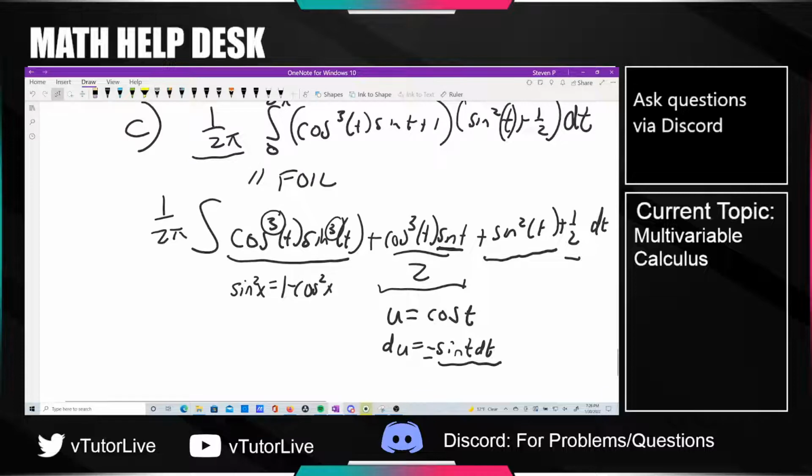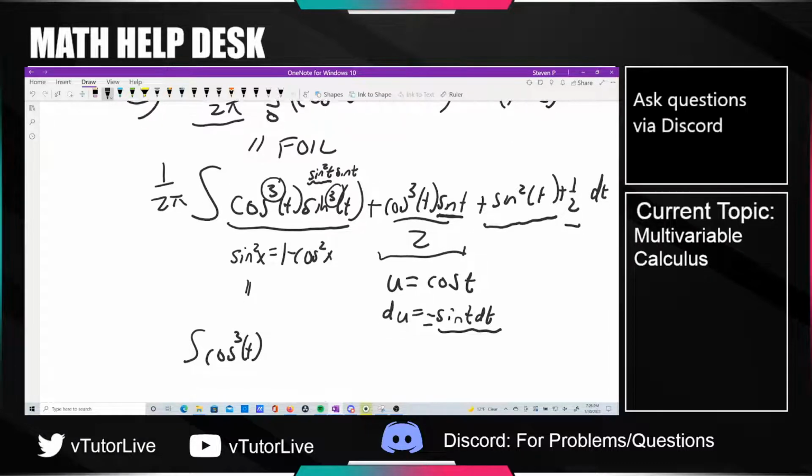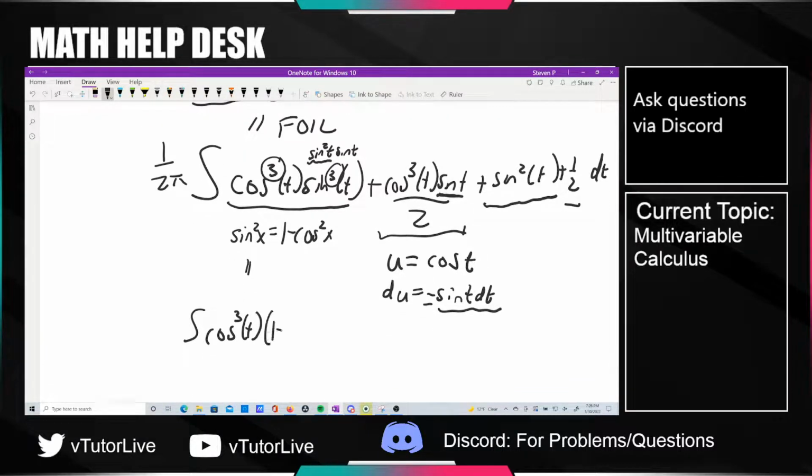And then if we rewrite sine cubed as sine squared of t times sine of t, and apply this identity to the sine squared, what we get is the cosine cubed of t times 1 minus cosine squared of t times the sine of t.